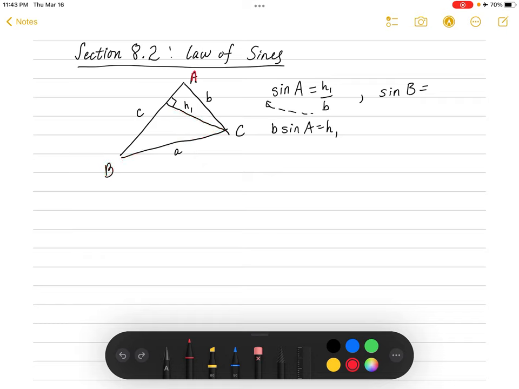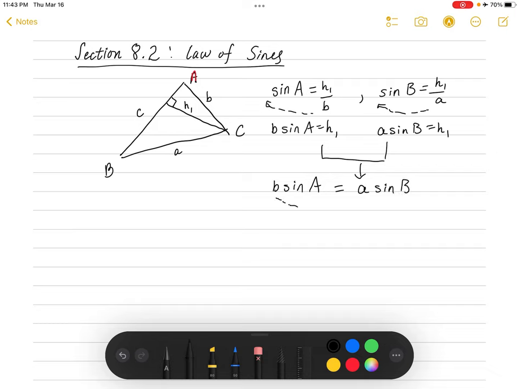H1 over A. And I'll bring A up here next to it, in front of the sine. I'll get A sine of B equals H1. So notice that these two things are the same, right? They're both H1. So I set them equal. I get B sine of A is equal to A sine of B.